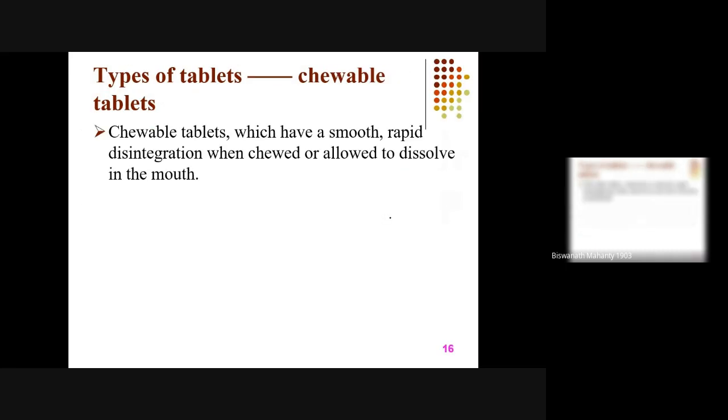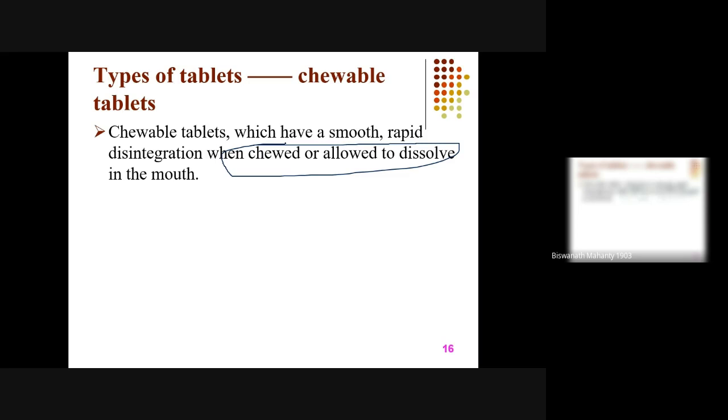Chewable tablets, we need to break them down, so they are not really easy. That means we need to give more time, right? We should keep it more time in our buccal cavity. So that is the purpose, we are going to chew it to dissolve in the mouth. So this is not disintegrating by itself. Rather, you are advised to chew it up.